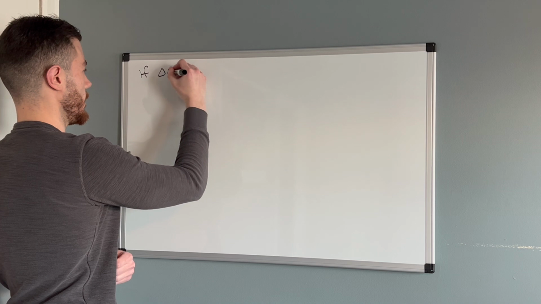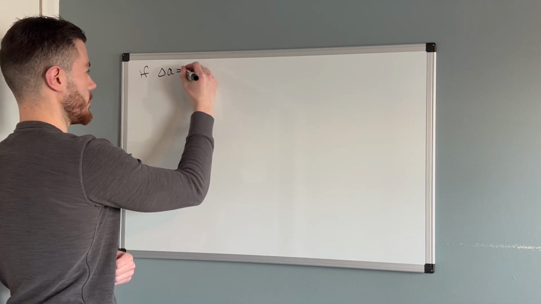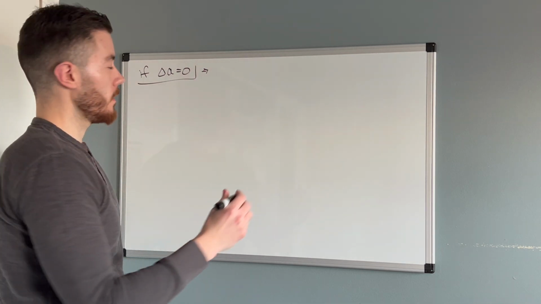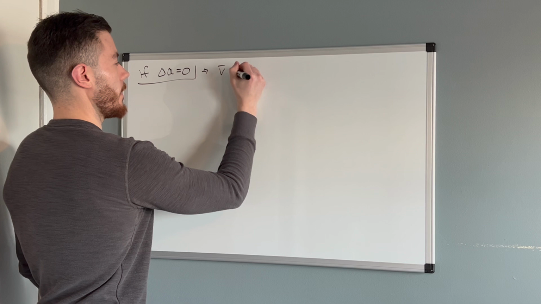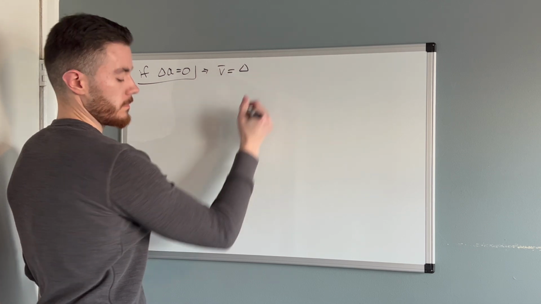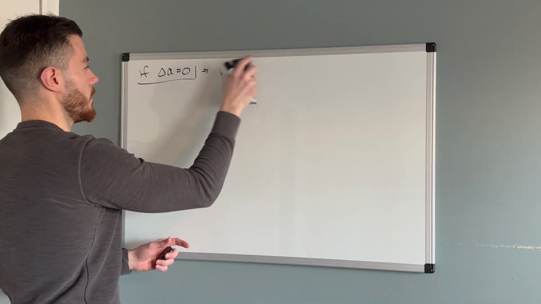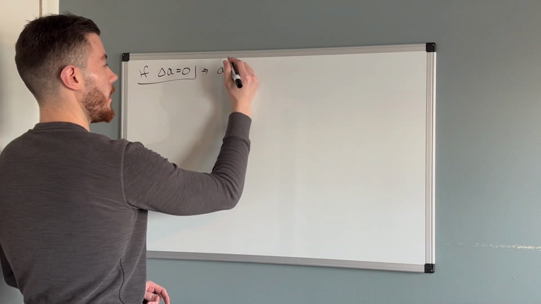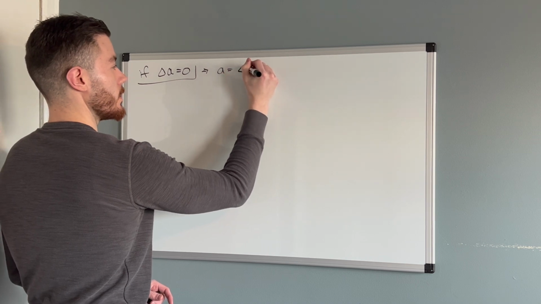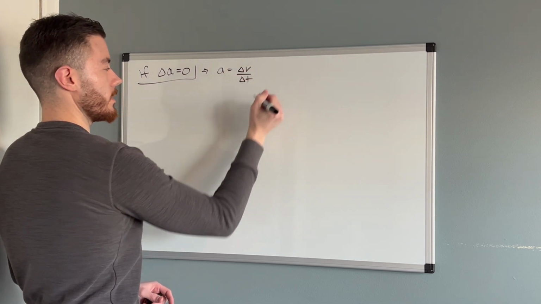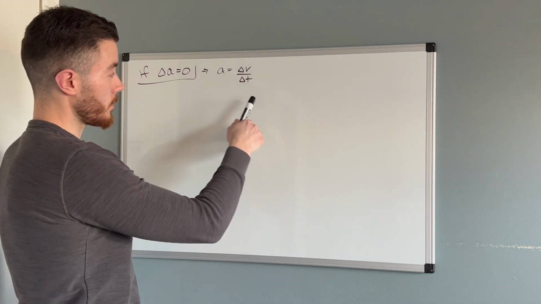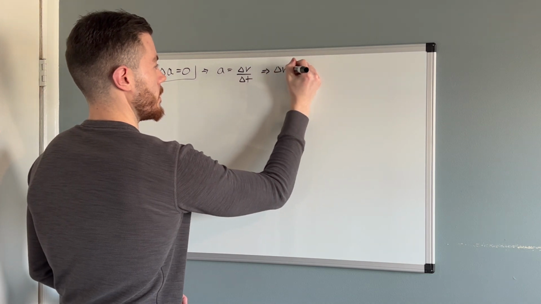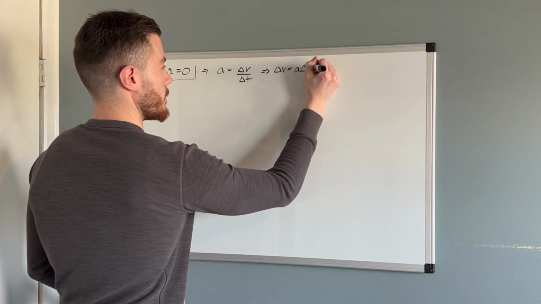So if delta a is equal to 0, then acceleration is equal to change in velocity over change in time. If we multiply the delta t to the other side, we get delta v is equal to a delta t.